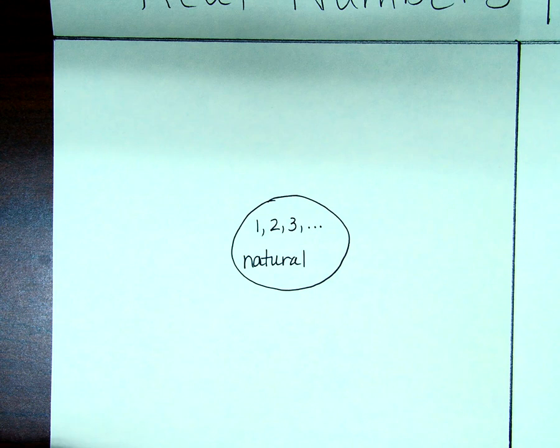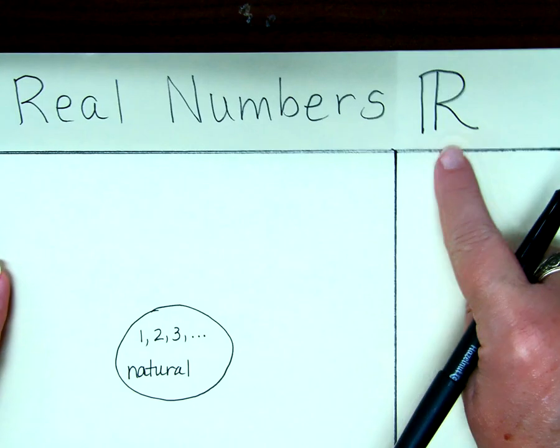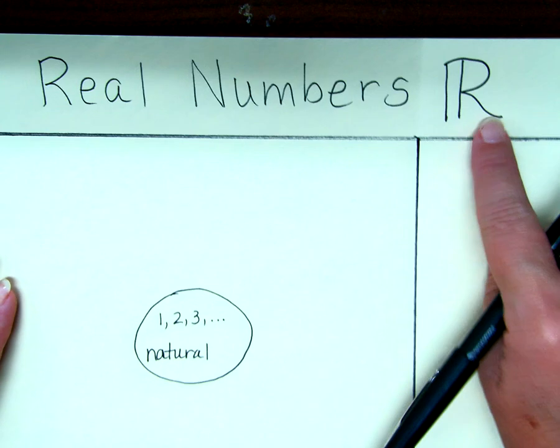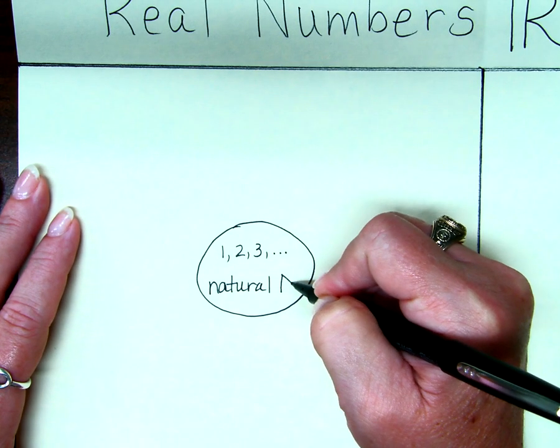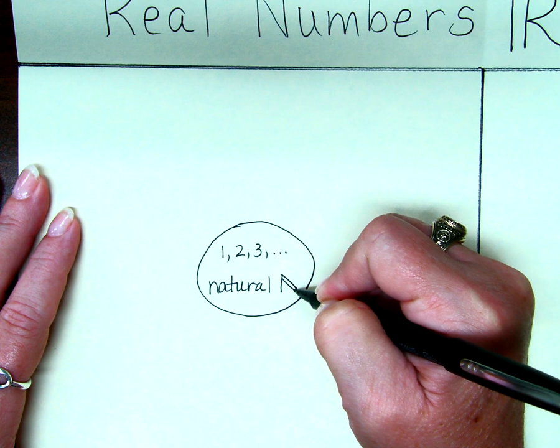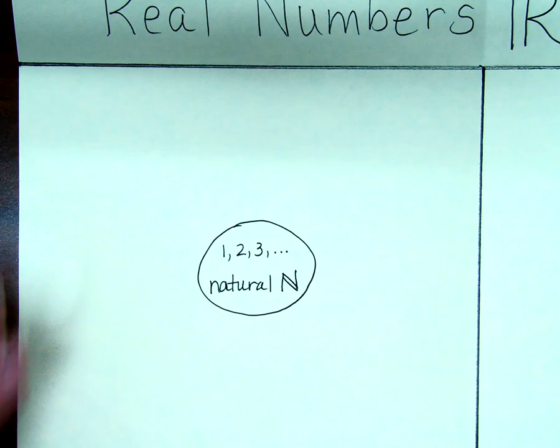Continues on. What do you think the symbol is for natural numbers? So it's an N for sure. But you know how we have this fancy R right here? It's kind of like a fancy N. Straight down, diagonal, another diagonal, and then a straight down. Does that make sense? Okay.